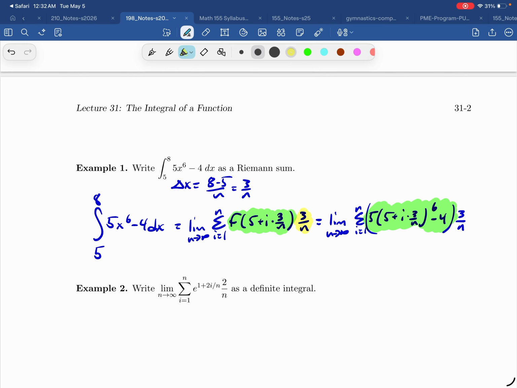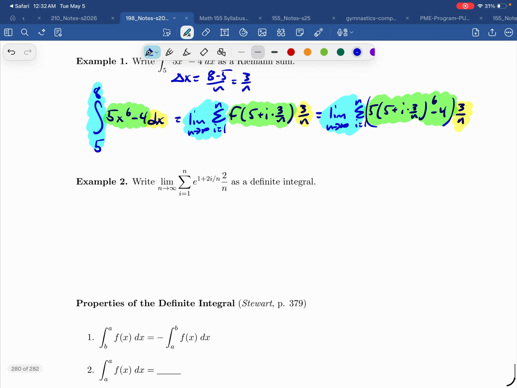That right there became that right there. Maybe you could see that this guy became sort of this guy, I don't know. Maybe this guy is that guy.